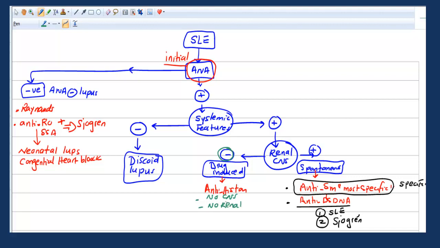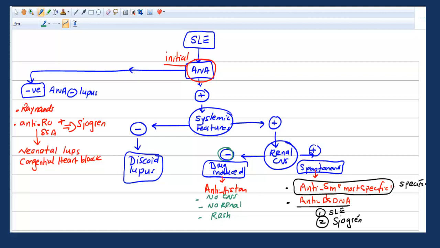The skin features, the typical butterfly rash, alopecia, and ulcers, are not so typical in drug-induced lupus, but still you can say rash. In spontaneous lupus, you will see the butterfly rash, alopecia, and all of these. Here, you will see it, but not as typical as in spontaneous.